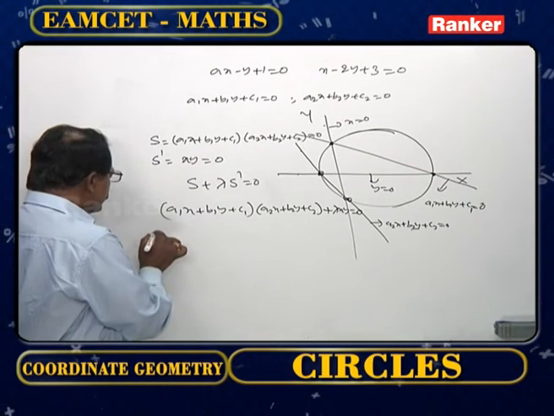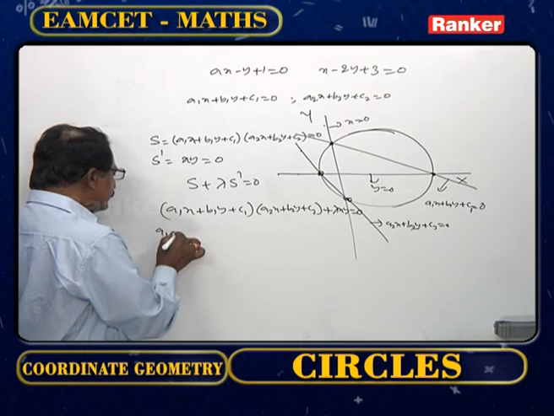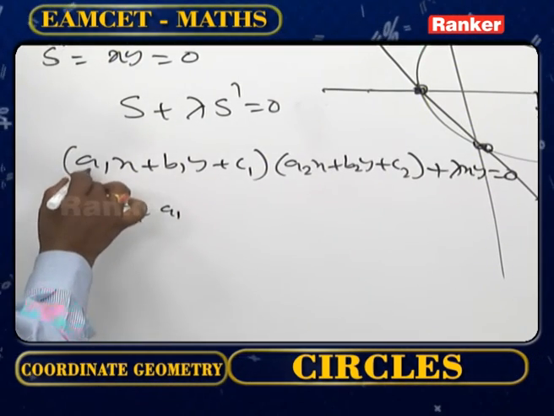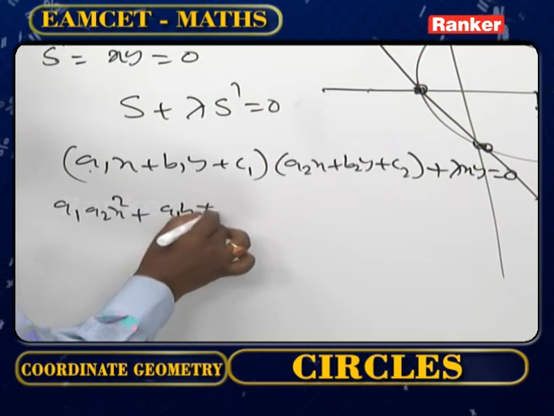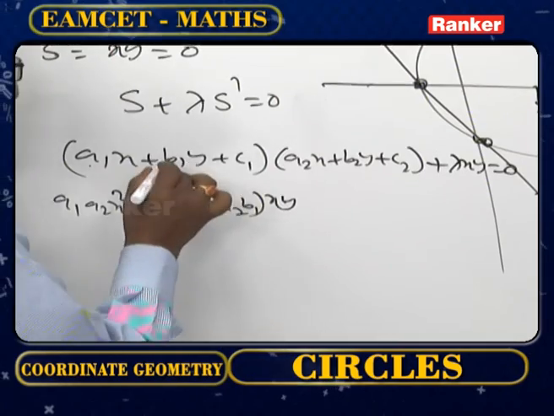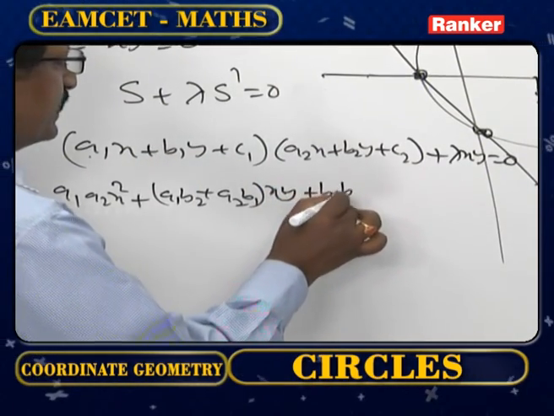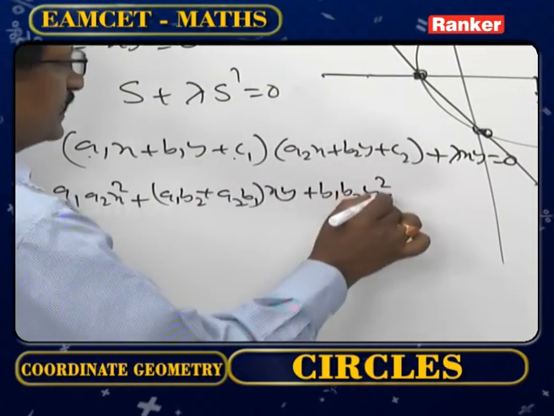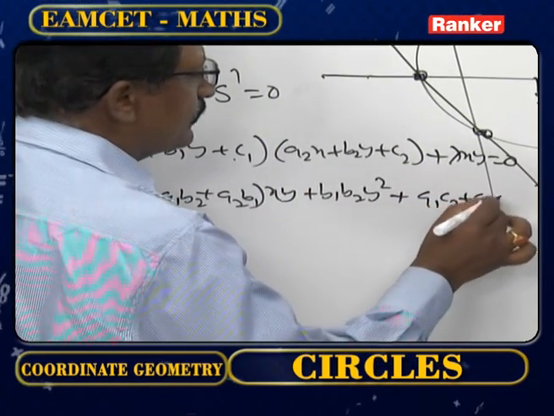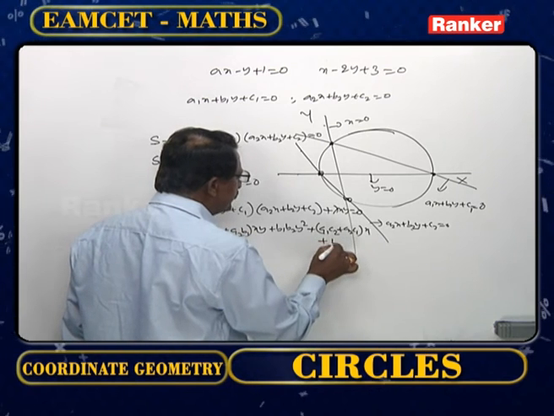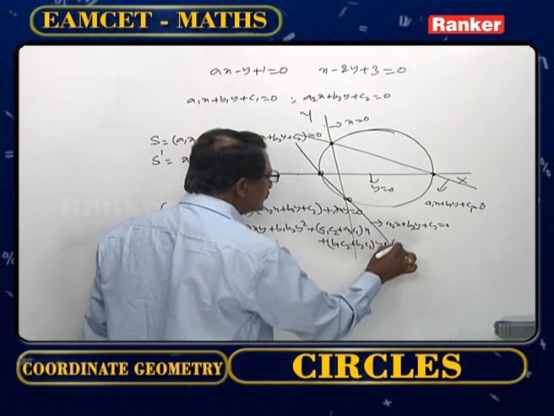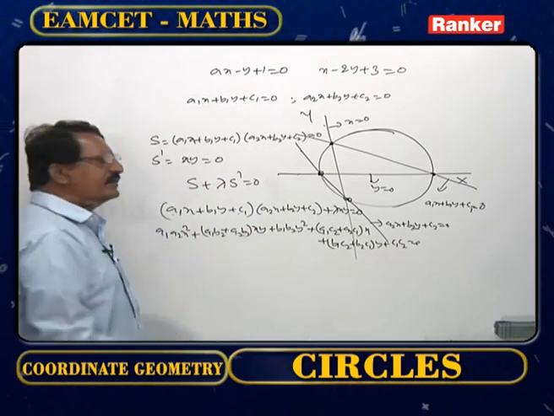Further simplifying, we get a1 a2 x square plus a1 b2 plus a2 b1 into xy plus b1 b2 y square plus a1 c2 plus a2 c1 into x plus b1 c2 plus b2 c1 into y plus c1 c2 equals to 0. Now it is a second degree general equation.